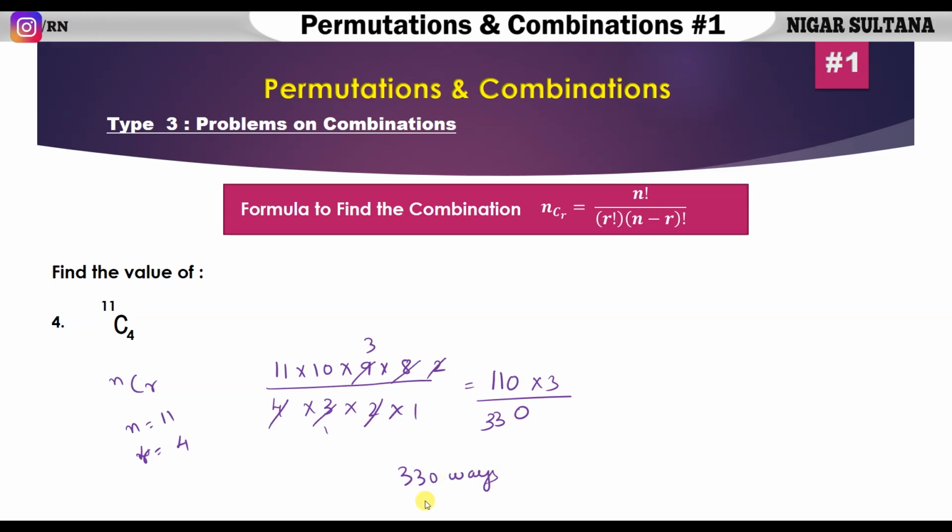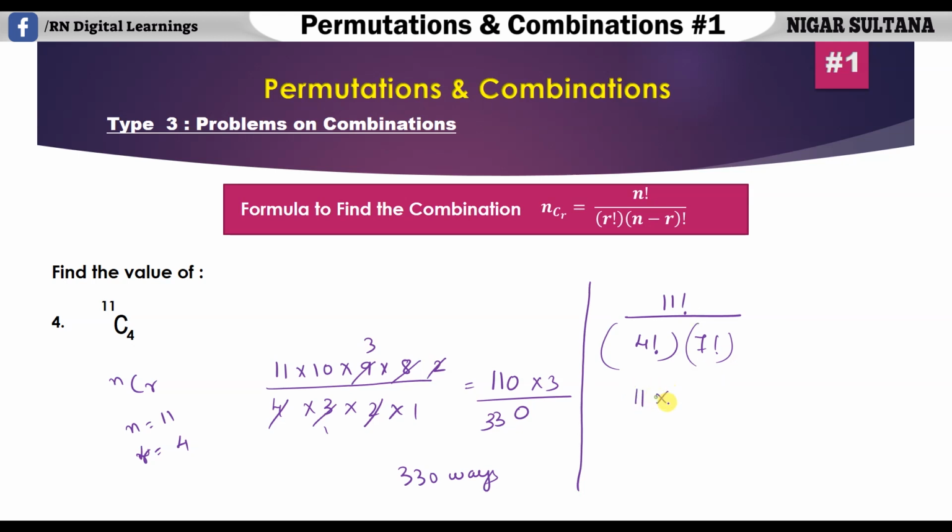If you calculate this combination with the help of the formula, your value will be the same. Like n factorial is 11 factorial divided by r factorial, which is 4 factorial, into (n minus r), that is 11 minus 4, which is 7 factorial.